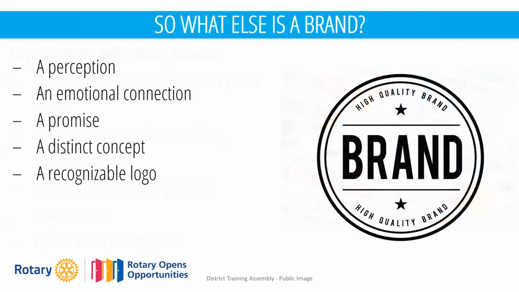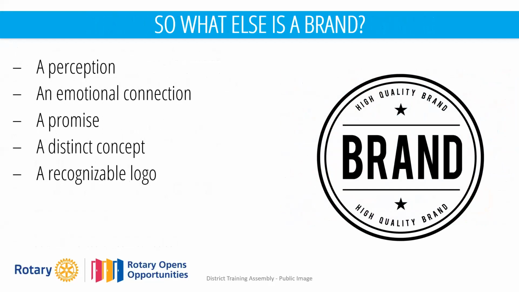So what else is a brand? A perception. It's how others think about the organization, not how the organization sees itself. An emotional connection. It's the bond the organization has with the public as well as its members. A promise.